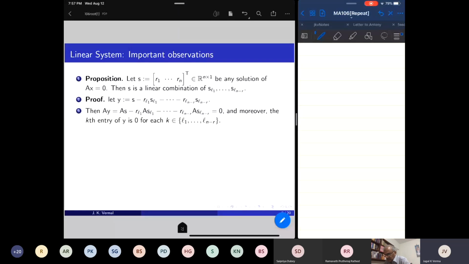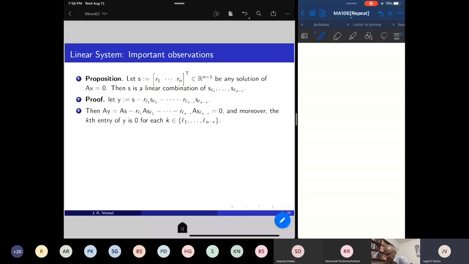So this equation says that y is a solution. I want to show that y is equal to 0. But you can just look at the kth entry of y, and it is actually 0 for every k in L1, L2, up to L n minus r. You can just check this equation. So y becomes 0 and Ay is 0, and that shows that S is a linear combination of these.